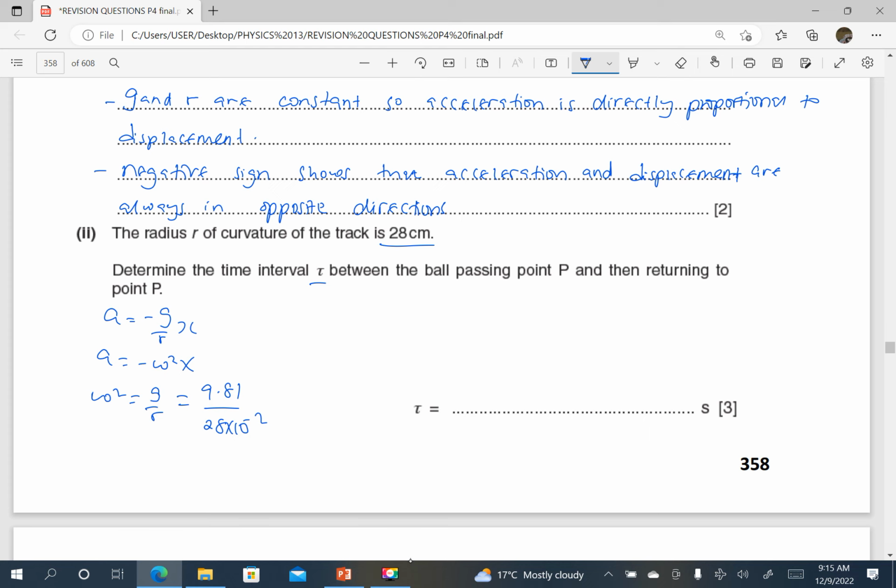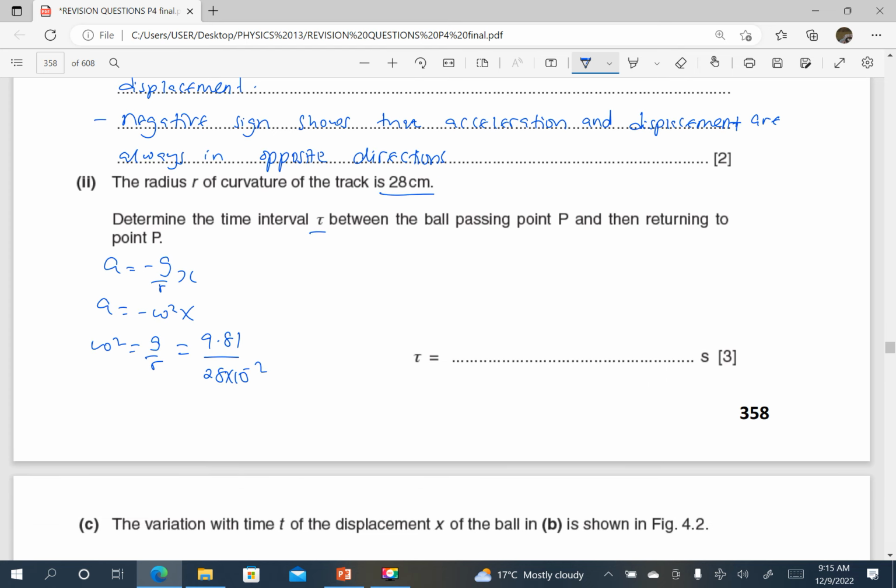So that is omega. But I want you to also recall that omega is 2 pi over T, which means T is 2 pi over omega. So omega squared is going to be 2 pi over T, squared.